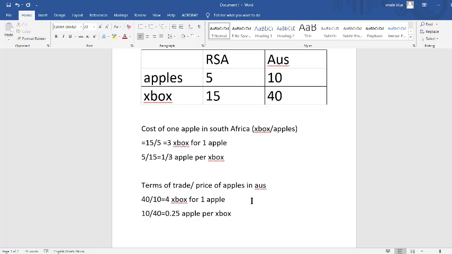So in Australia, the X boxes are cheaper, and in South Africa, the apples are cheaper. So in other words, as Ricardo would have said, South Africa has comparative advantage in apples because it takes fewer X boxes to produce one apple, while Australia has comparative advantage in Xboxes because it takes fewer apples to produce one Xbox.